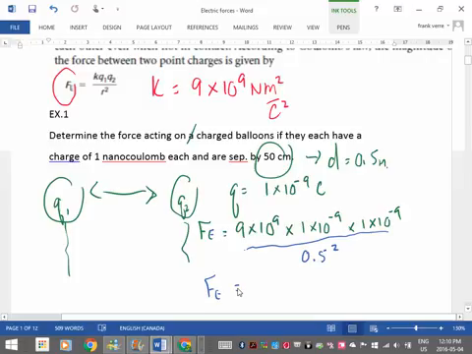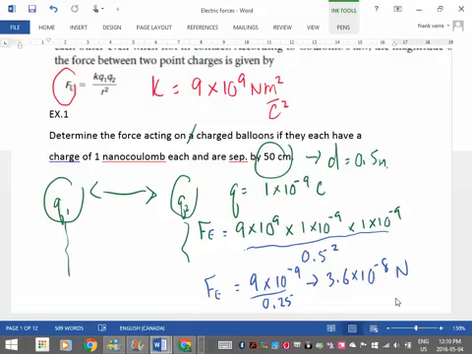All right, so 1 times 10 to the negative 9 squared is 1 times 10 to the negative 18. So that would be 9 times 10 to the negative 9 on top, over 0.25. That should be 3.6 times 10 to the negative 8 newtons, if I did my math correctly.